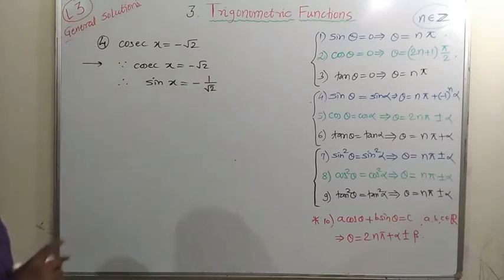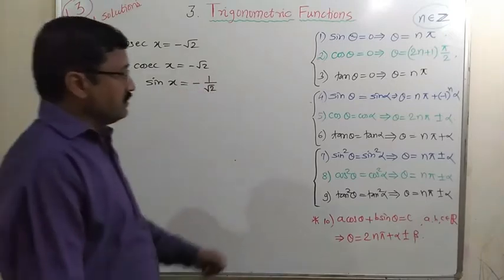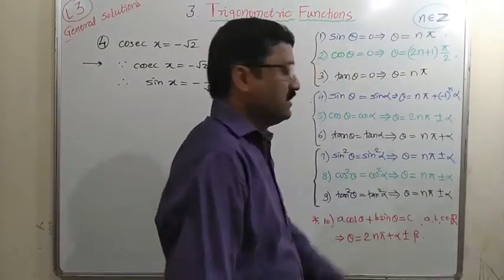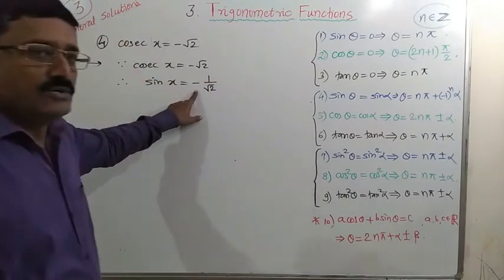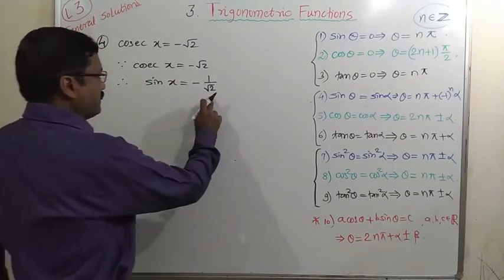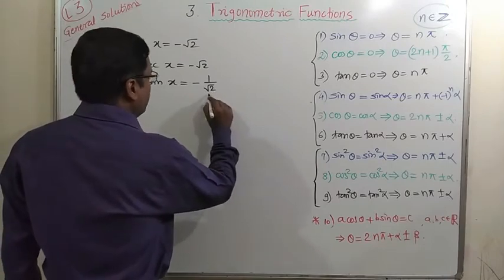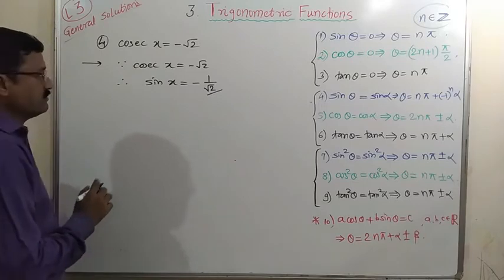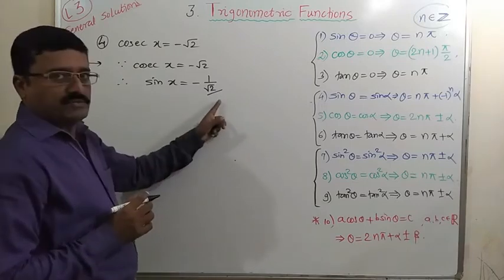That is the first step. Now what to do? In our all formulas, left hand side and right hand sides all are given as positive. Here given negative. So we will absorb this negative sign here. For that, first we will find the smallest angle for which this sine function has value 1 upon root 2. We know the sine pi by 4 is equal to 1 upon root 2.